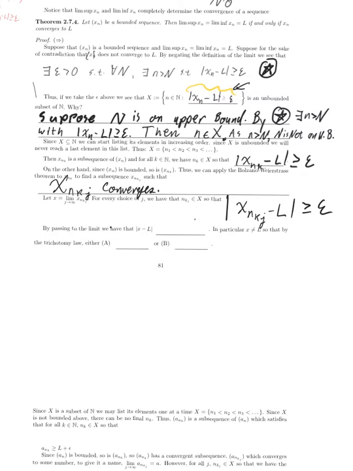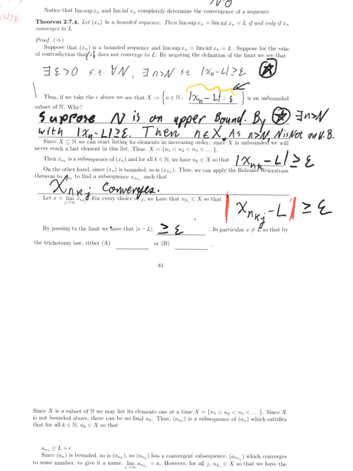The limit of an absolute value is the absolute value of the limit. The limit of a difference is the difference between the limits. So by passing to the limit, I conclude that the absolute value of x minus L is bigger than or equal to epsilon.